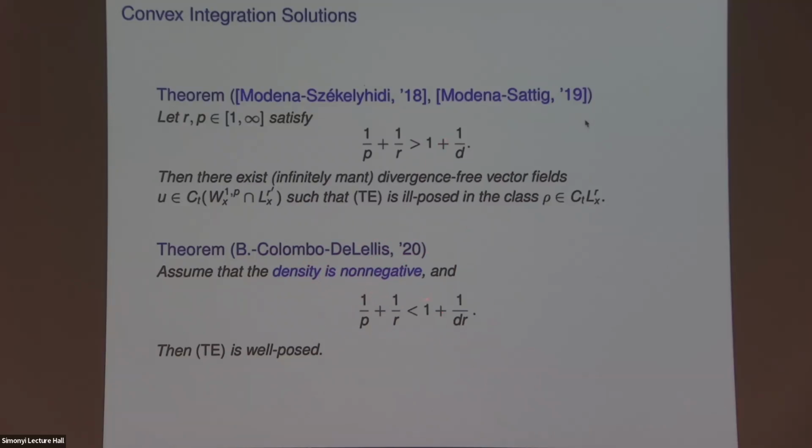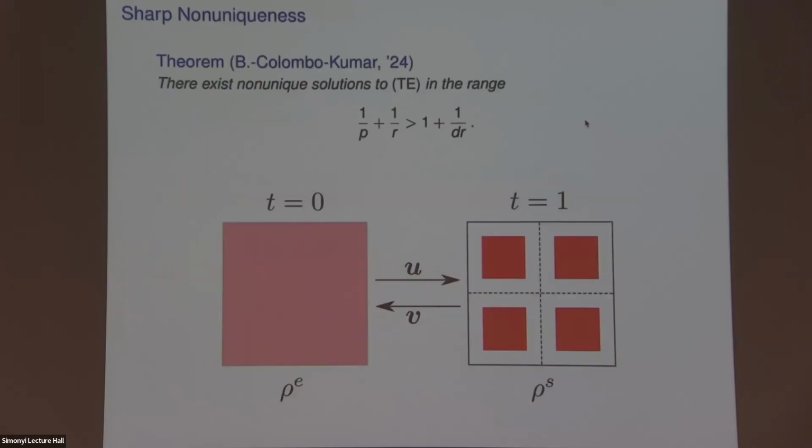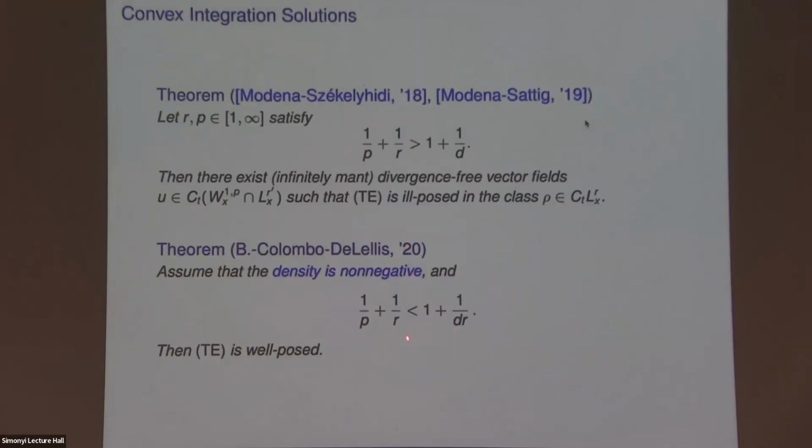It falls exactly in between the DiPerna-Lions range and the convex integration range. Only recently, we realized that this third one was the sharp range. And together with Maria and Anush, we managed to construct non-unique solutions to the transport equation in this range, which is exactly the complement of this.